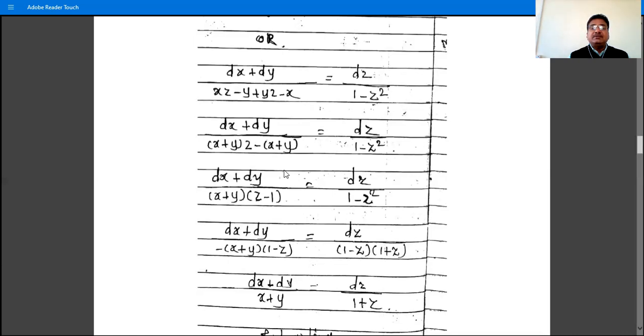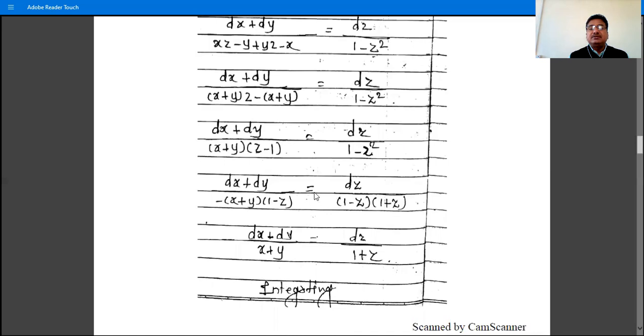So we have x + xz - y + yz - x. Take x as common, z as common from these two, and so we have x + y as common, and this shifts to z - 1 or 1 - z into RHS. The factorization of 1 - z² is (1 - z)(1 + z).